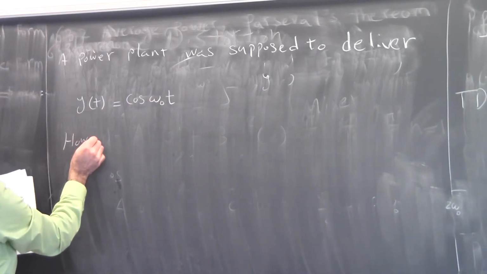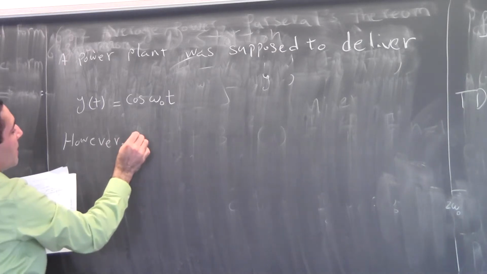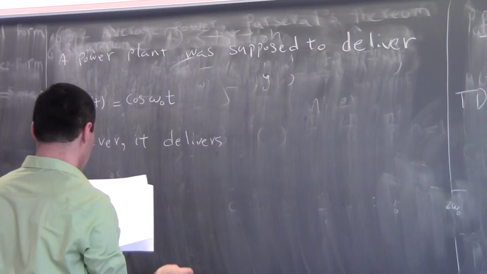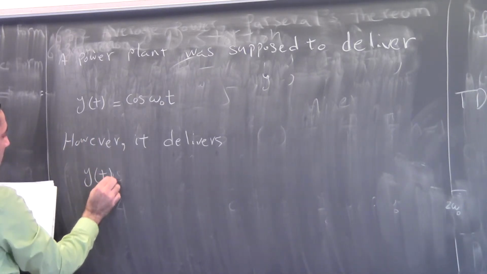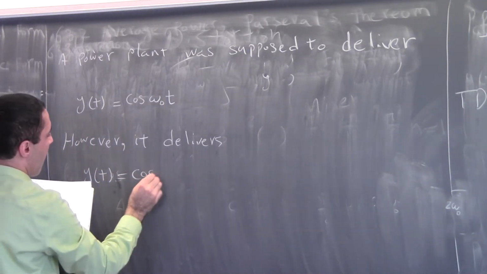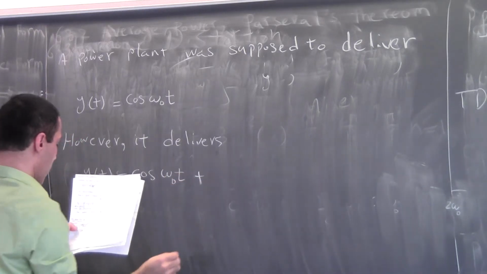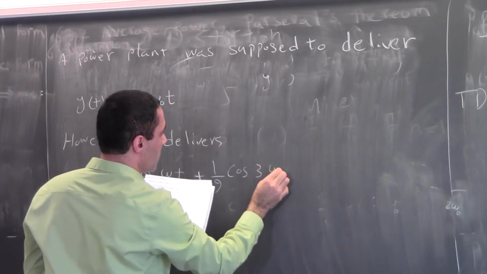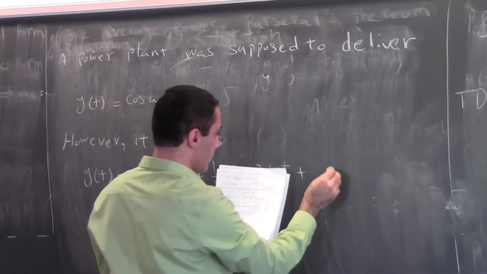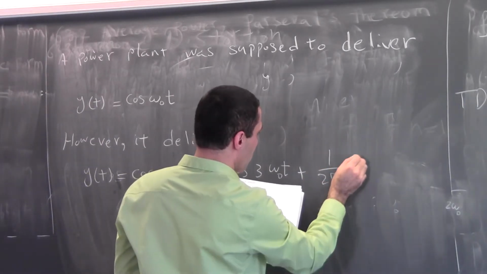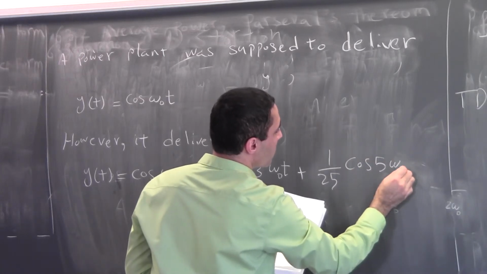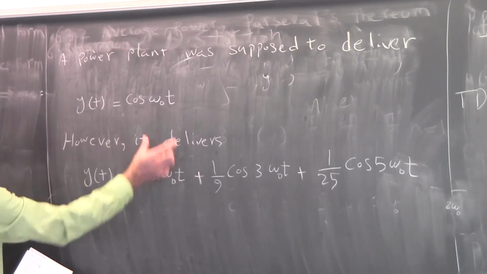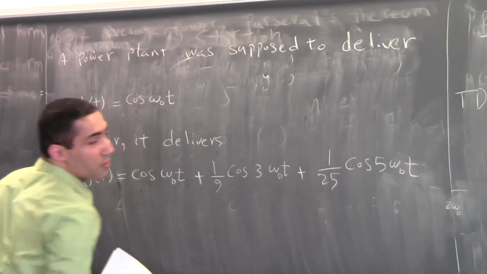However, it delivers another signal, plus 1/25 cosine of 5 omega 0 t. Now this system is not linear because one frequency translated to 3 components.